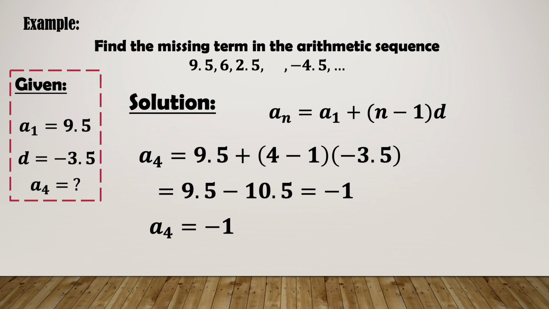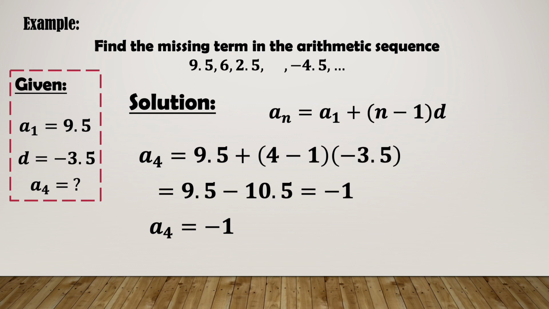And we need to look for the fourth term. So, for the solution, using this formula, a sub n is equal to a sub 1 plus the quantity n minus 1 times d. We have a sub 4 is equal to 9.5 plus the quantity 4 minus 1 times negative 3.5.